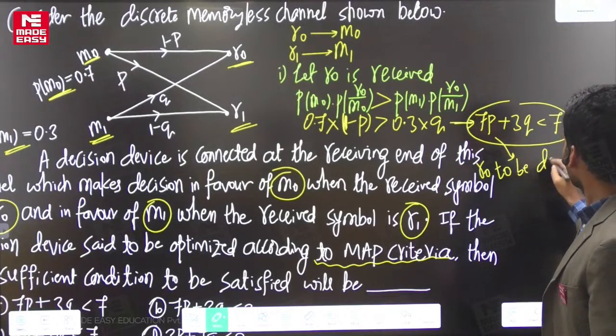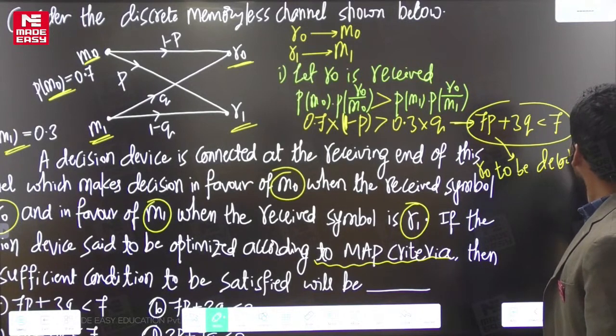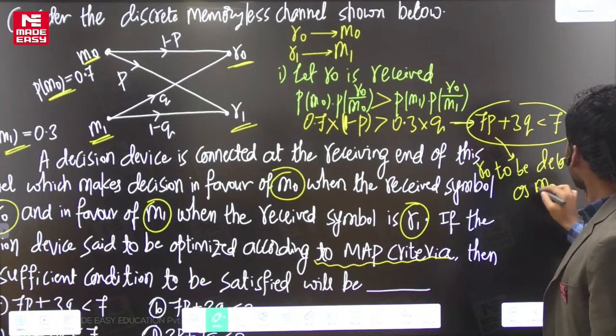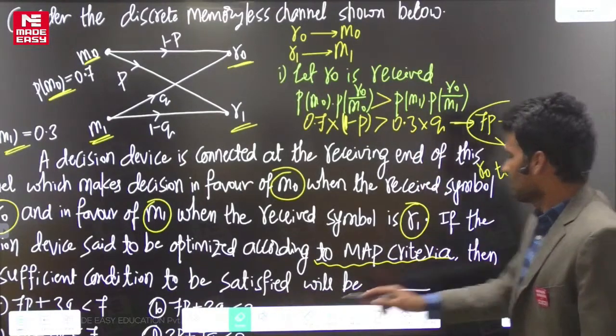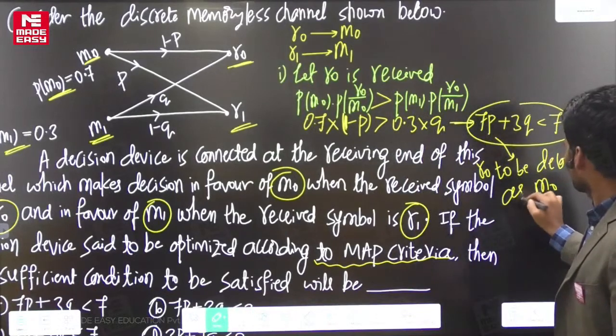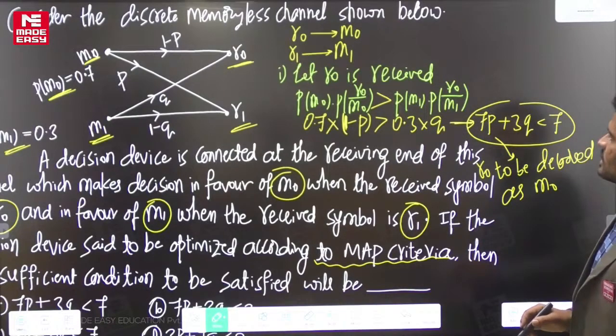This is the condition to be satisfied for R0 to be decoded as M0.